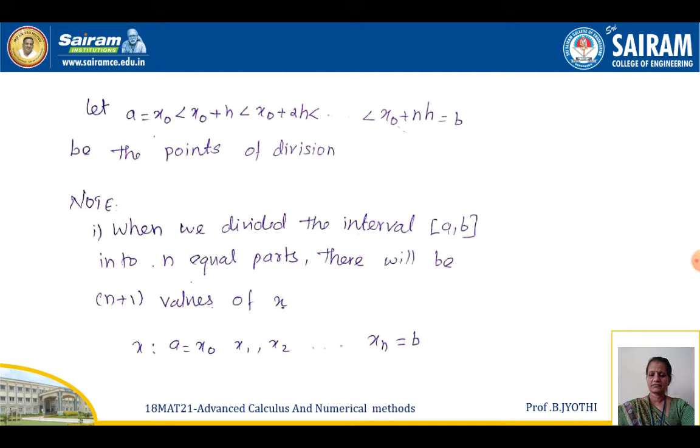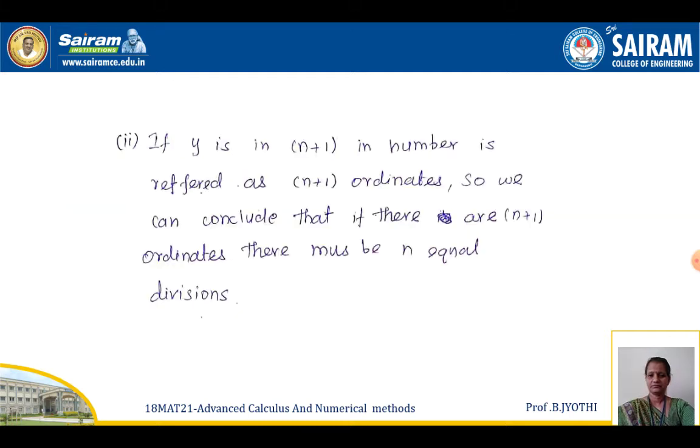That is, x = a = x0, x1, x2, etc., xn = b. The second point to note down here is that if y has n + 1 values, they are referred to as n + 1 ordinates. So we can conclude that if there are n + 1 ordinates, there must be n equal divisions.